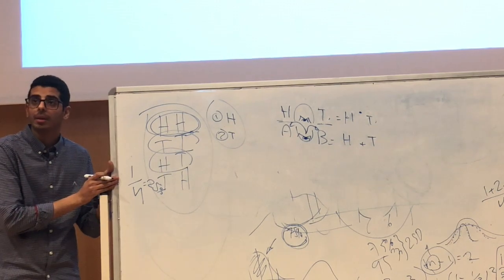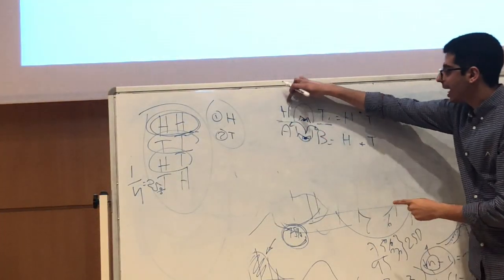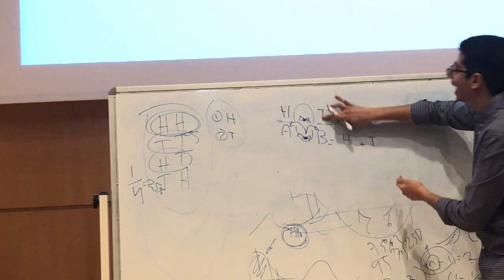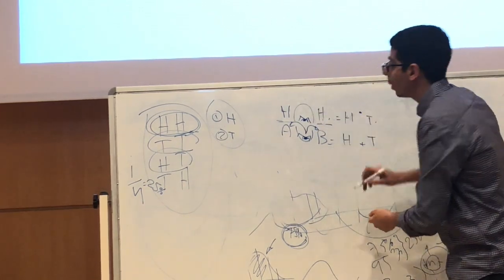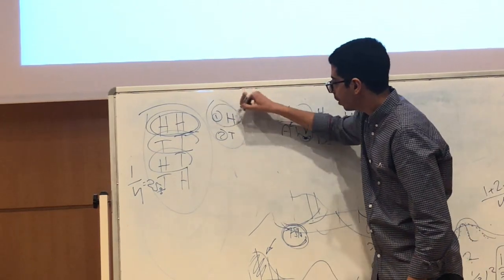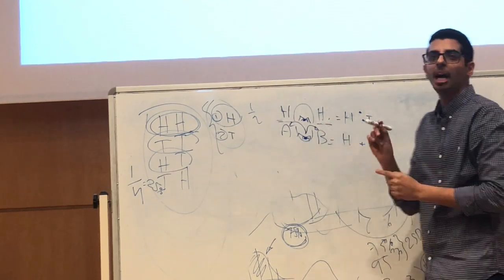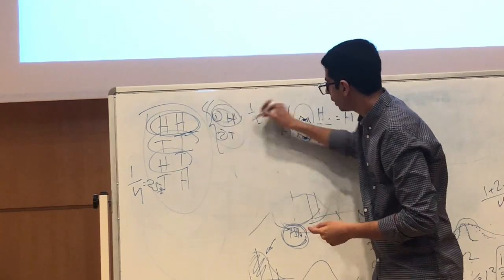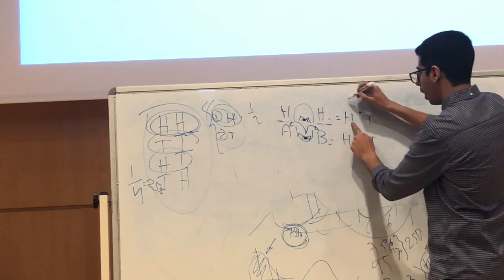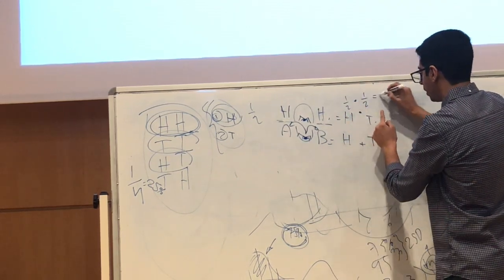That's one way. The other way is heads times heads. What's the chance of heads happening? 1 over 2. What's the chance of another heads happening? 1 over 2. So we take 1 over 2 times 1 over 2.